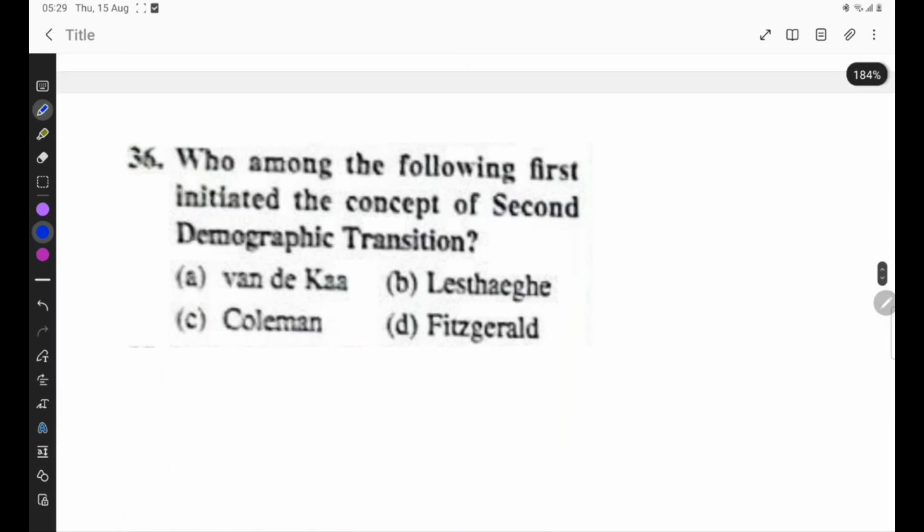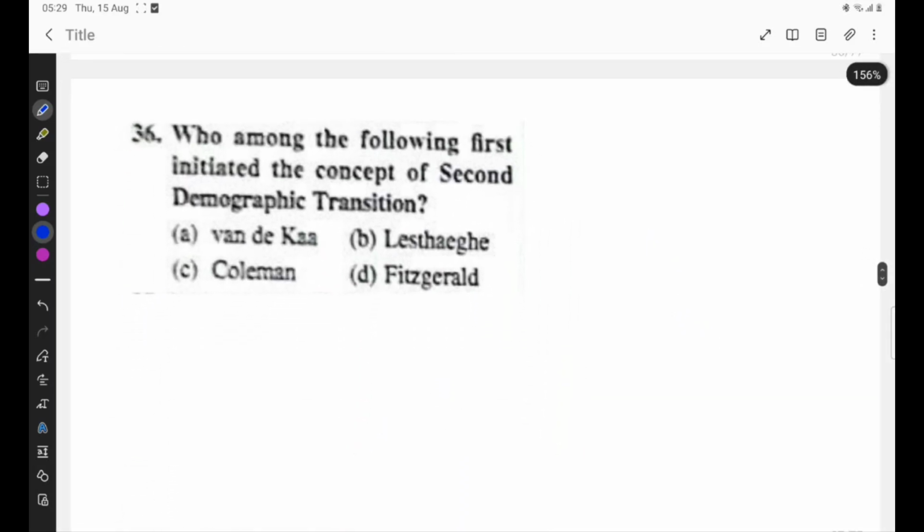Let's move on to the next question. Who among the following first initiated the concept of second demographic transition? Vandeka, Leshak, Coleman, Fitzgerald. I'm sorry if I'm pronouncing it wrong.